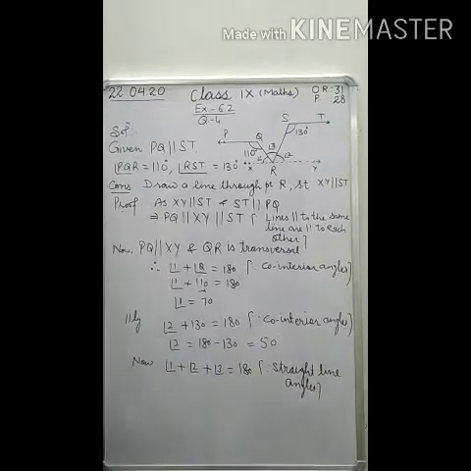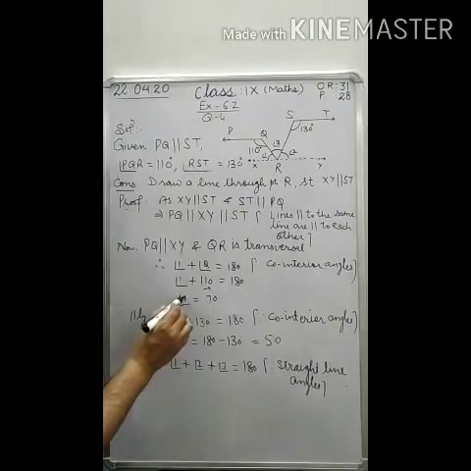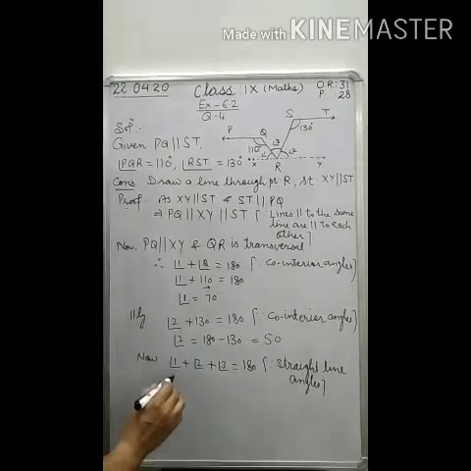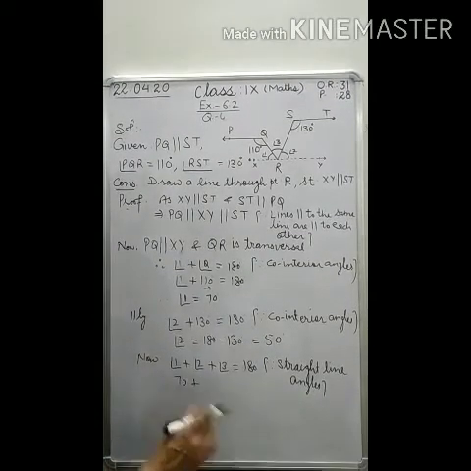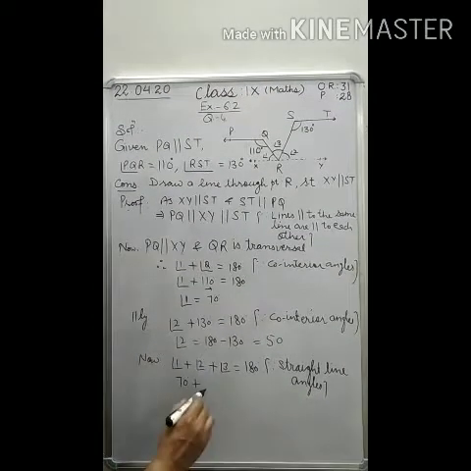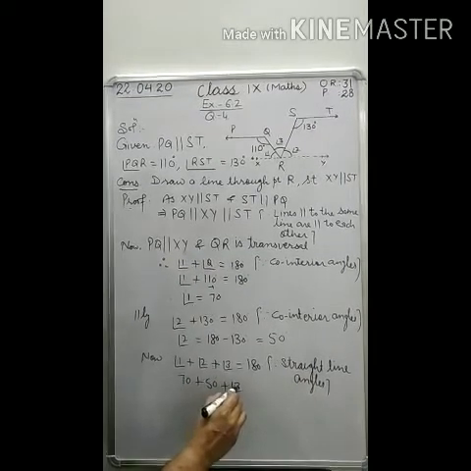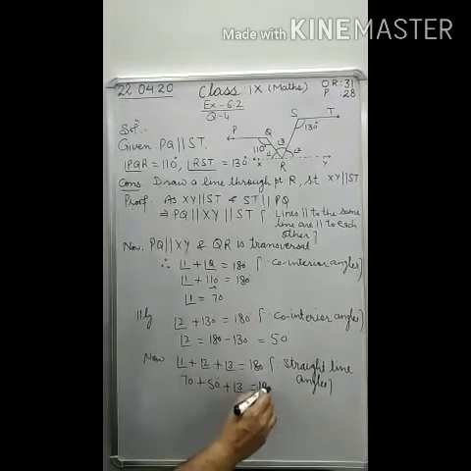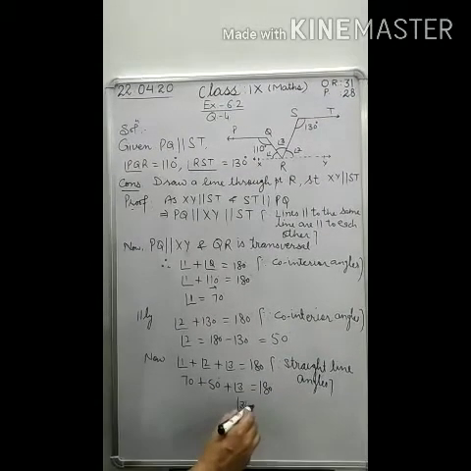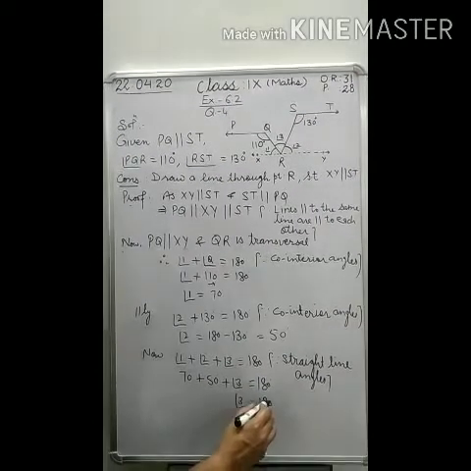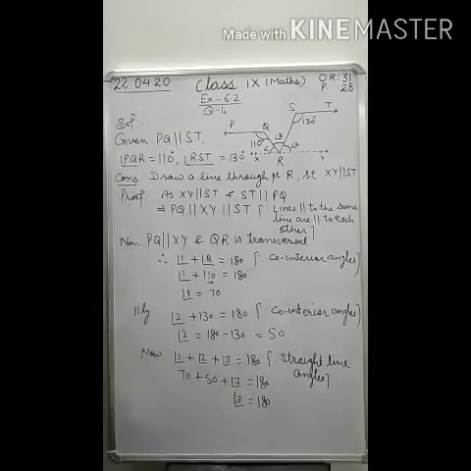So now you put the value of angle 1 and 2. Here angle 1 is of 70 degree, you write 70 plus angle 2 is of 50 degree plus angle 3, that is equal to 180. From here angle 3 is equal to 180 minus, now 70 plus 50, 120.